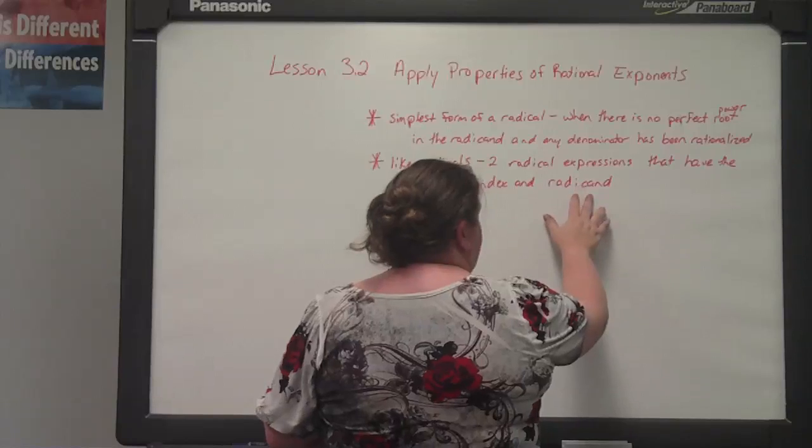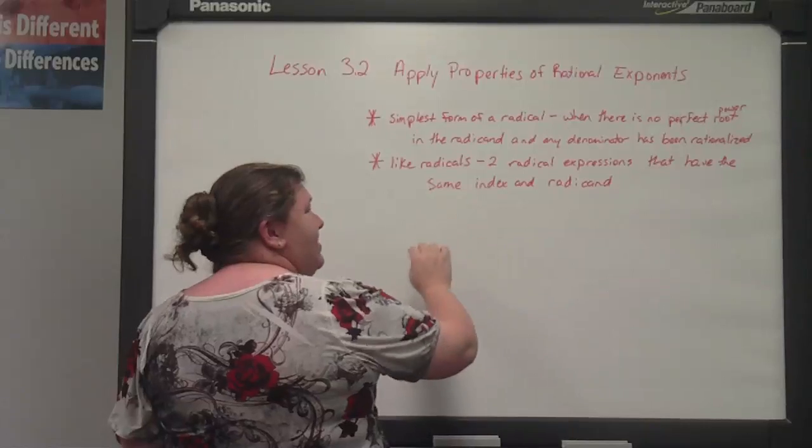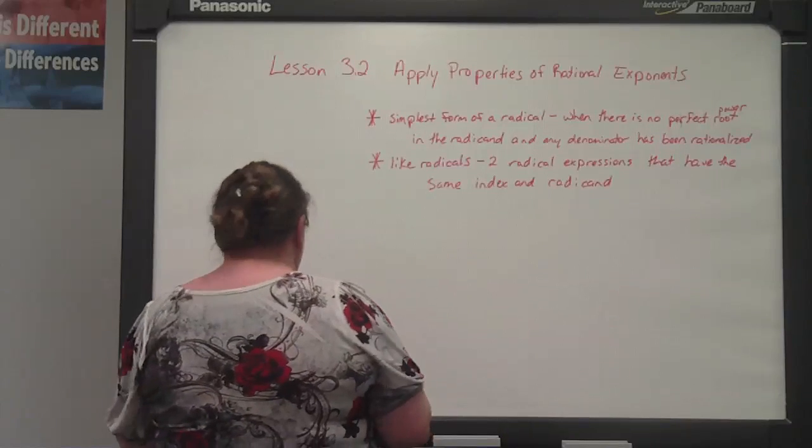Remember that the radicand is what is underneath the radical symbol, and then the index is what's in the check mark of the radical symbol.